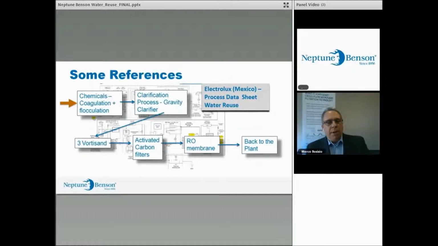This one is a bit more complicated, just to show that, for example, at Electrolux in Mexico, it's a full chain from the wastewater back to the plant.